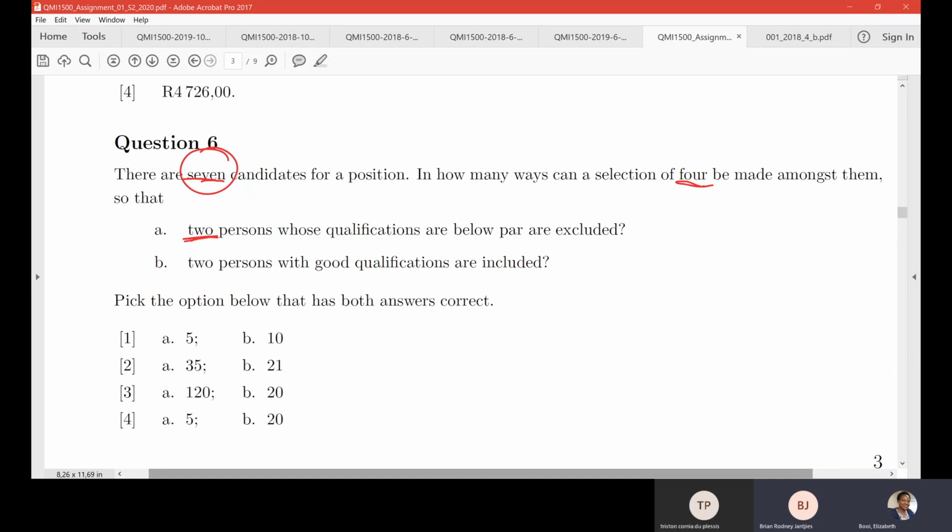But if they want you to think like that, when you've answered A, since you have excluded the 2 from A, following up in B you still have excluded them. You still have excluded 2 people, so you are left with 5 people. That is how they've answered it.